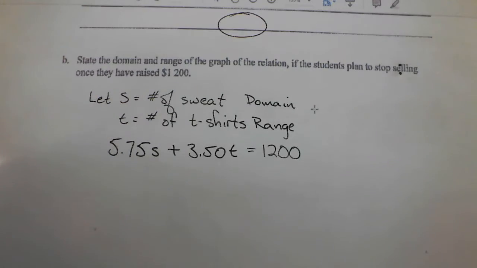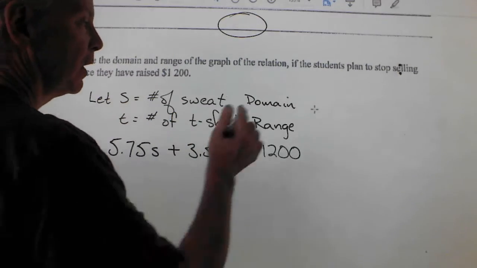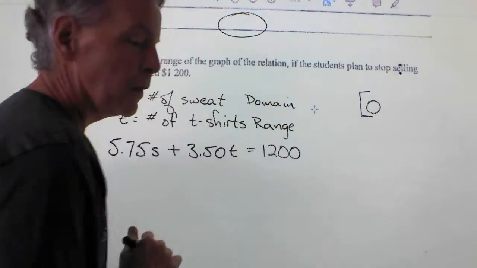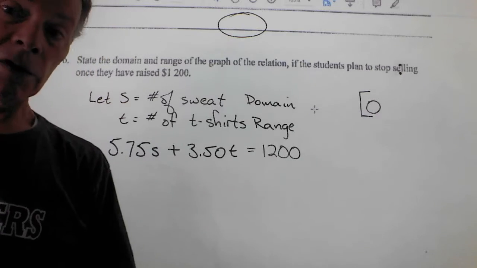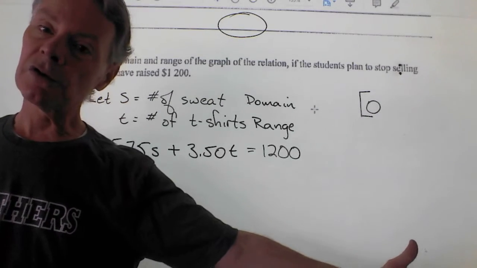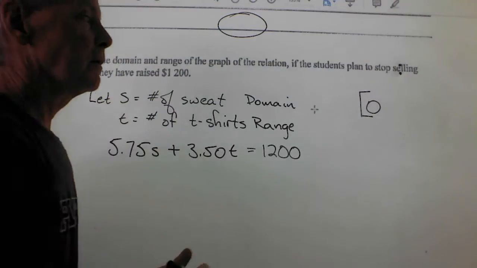Okay? So, let's deal with the sweatshirts first. We know that the minimum number of sweatshirts we could sell is 0. Okay? Maybe we sell no sweatshirts, all t-shirts, and we still make our $1,200. Okay?